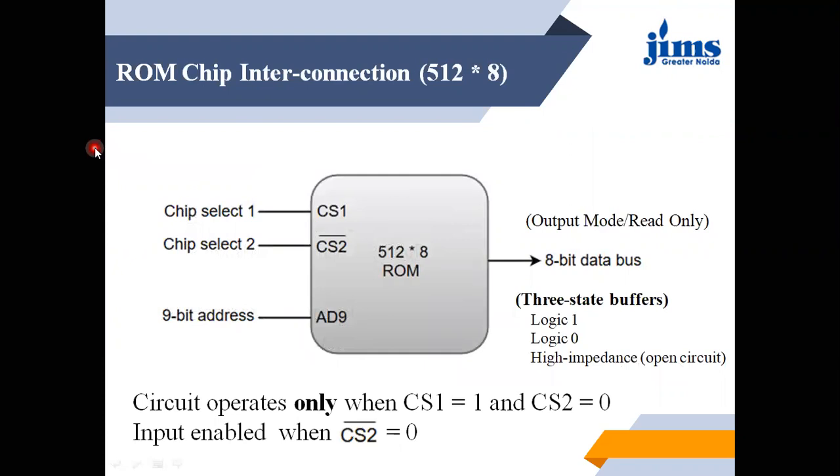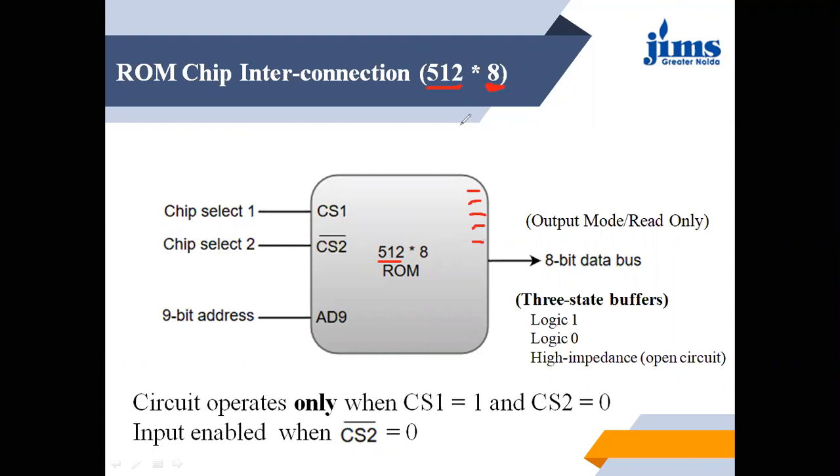This is the chip interconnection of ROM. Here also you can see that the data bus size is 8 bits, whereas I am taking the size of ROM as 512, meaning we can store 512 words in this memory.